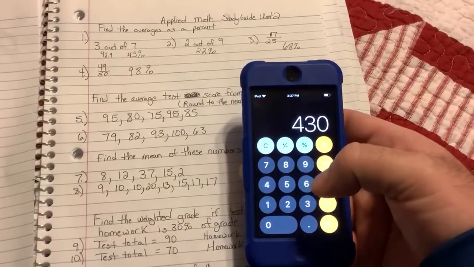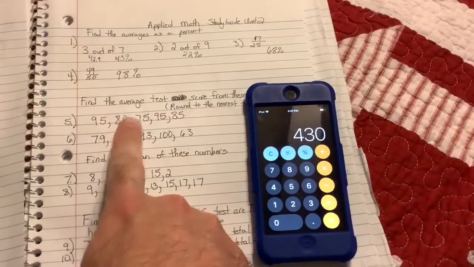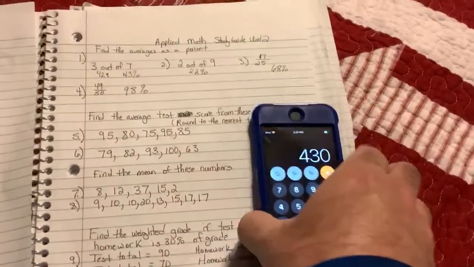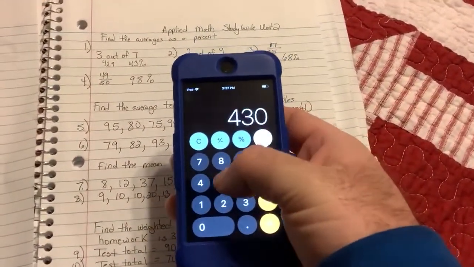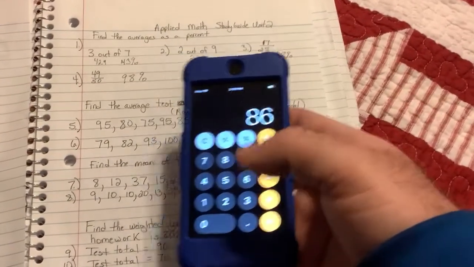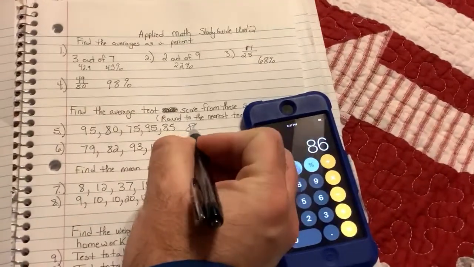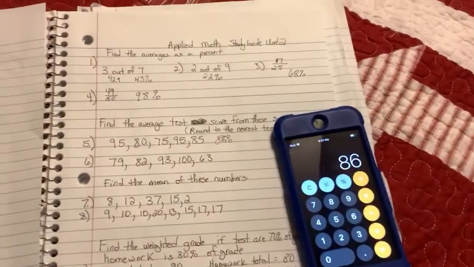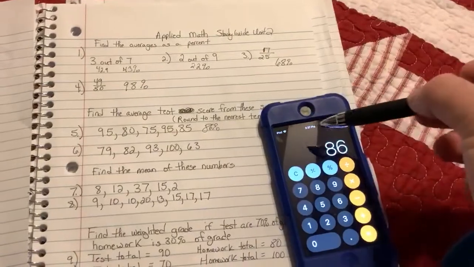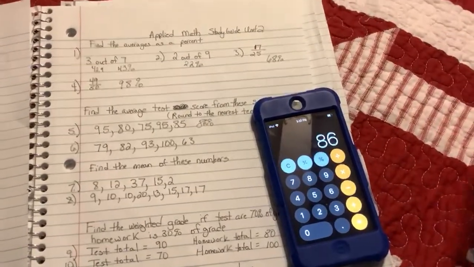Okay, you get 430, and you're going to divide that by 5 because there's 5 test scores. 1, 2, 3, 4, 5. So you're going to take 430 divided by 5. Should be, I think, 86. Yeah, 86. So that's an 86%. You didn't have to round to the nearest tenth. There was no tenth, but 86% would be your average score there.